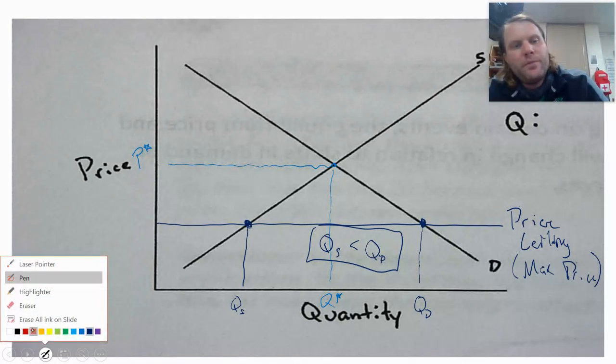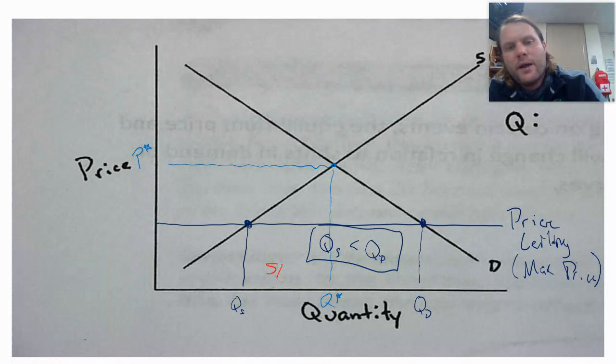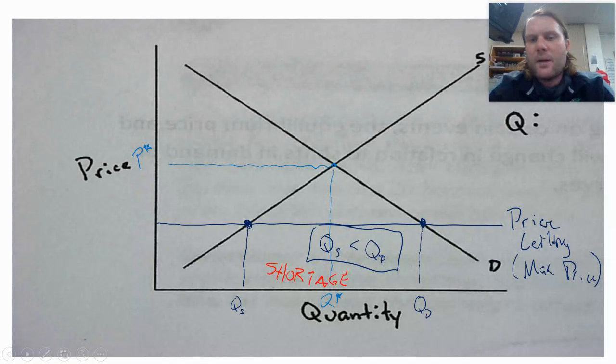Too many people can afford what's going on. On top of that, as the price goes down, remember, I'm going to lose my willingness to supply that product. So when we set a maximum price below the equilibrium point, it's going to create a shortage of goods.